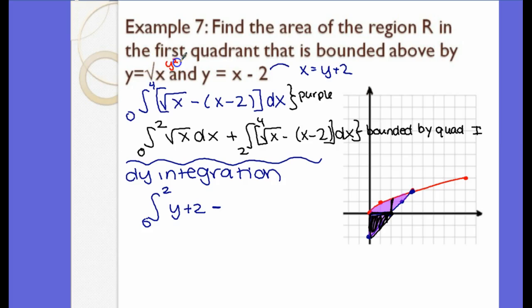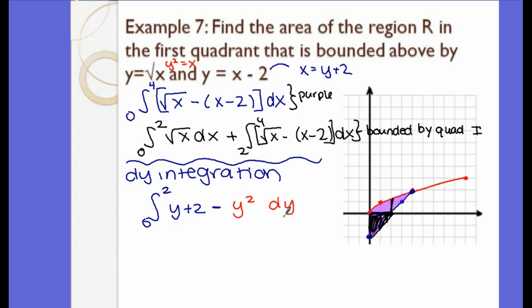Yeah, so it'd be y squared equals x. What part of the square root do I care about? Just the top. It doesn't affect me too much for this because we're only plugging in the positives. So you'd have y plus 2 minus y squared, integrate it in terms of dy.